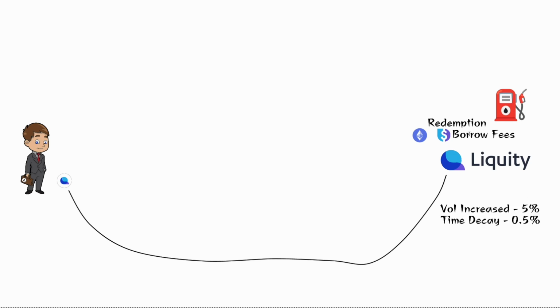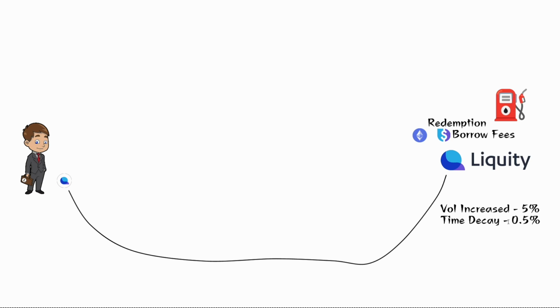Now, just to remind you, on Liquity the fees are not preset at a fixed amount. As the volume of redemption and borrowing increases, then the fee goes up. And then as time goes by, it starts decreasing. So it goes to a max of 5%, and as people stop redeeming and borrowing, it starts decaying down to 0.5%.